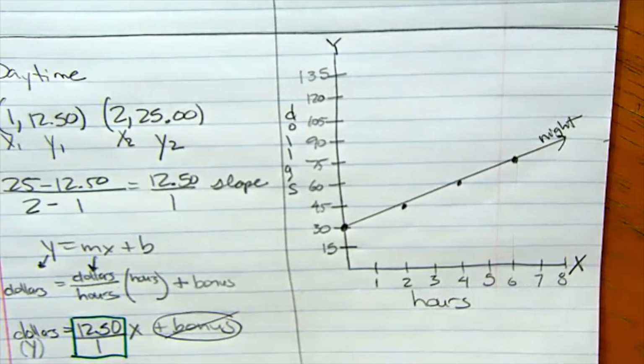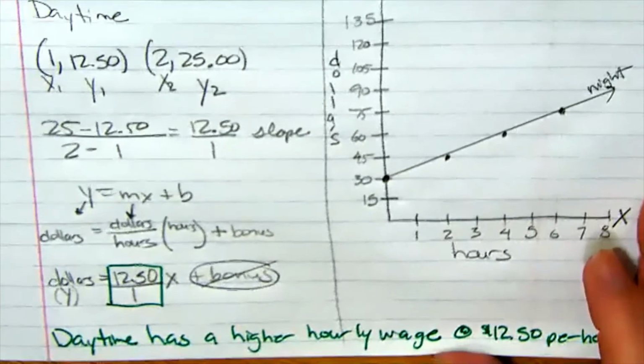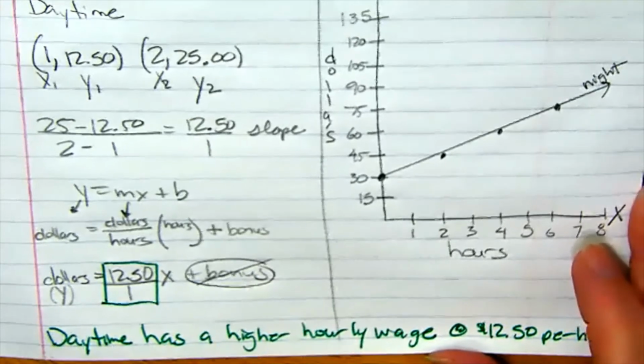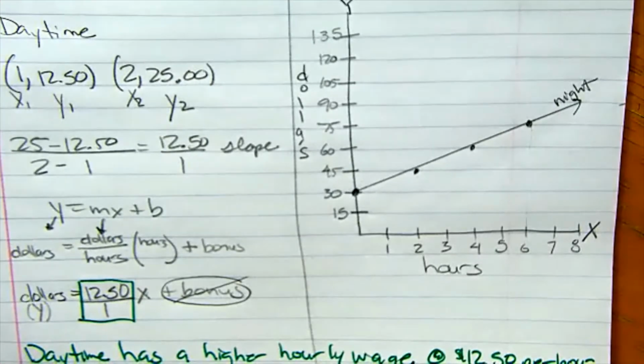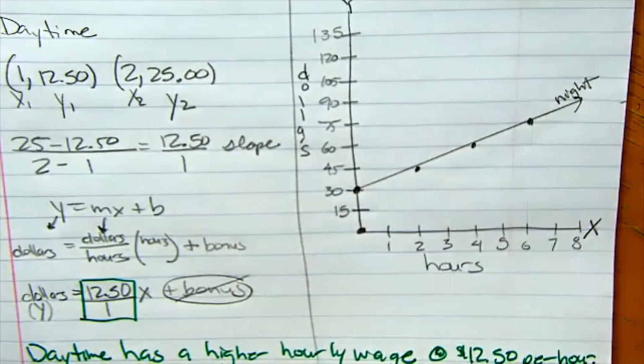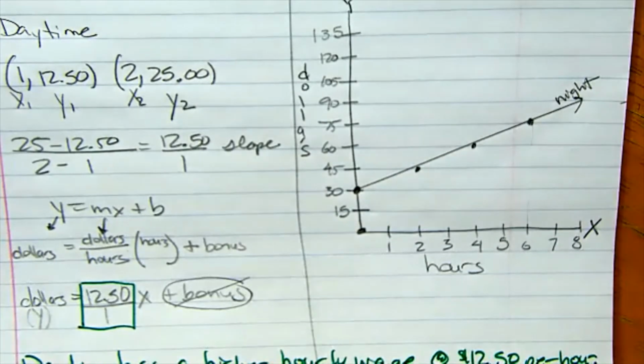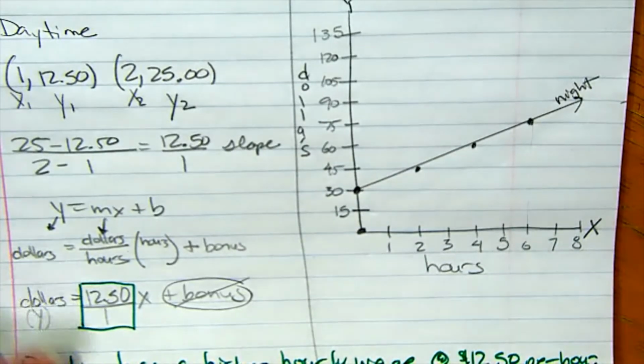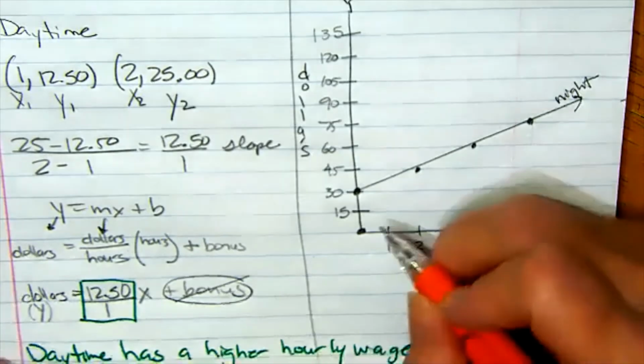Okay. Now let's graph my daytime employees. They do not get a bonus. They are starting at $0 for 0 hours, but they're making $12.50 an hour. So that means every 2 hours, it's $25.